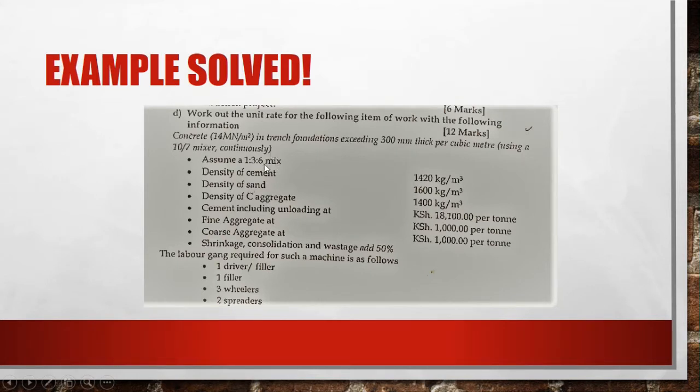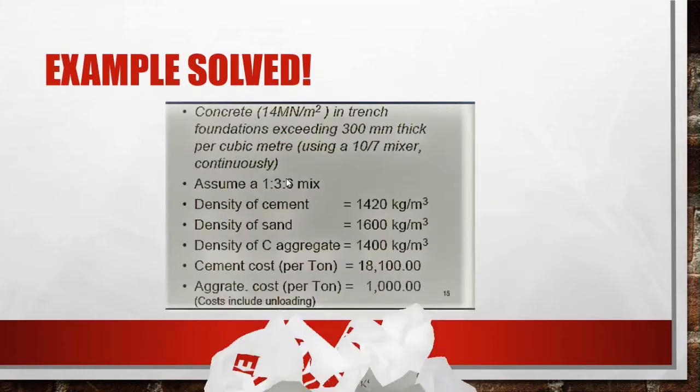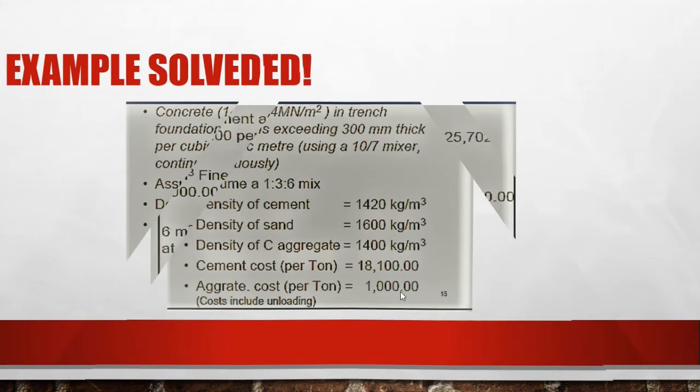So this is the mix of the concrete, the final mix in this ratio. The density of cement is 1420, sand 1600, coarse aggregate 1400. The cost of cement is 18,100 per ton, and coarse aggregate is 1,000 Kenya shillings per ton.